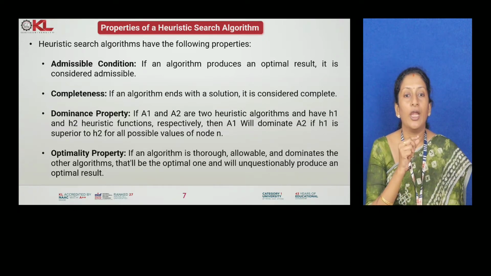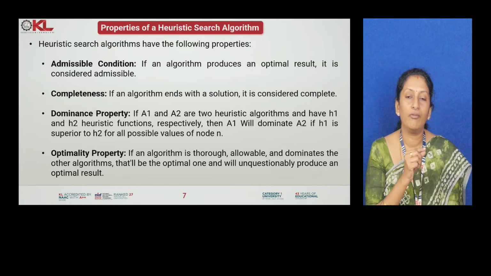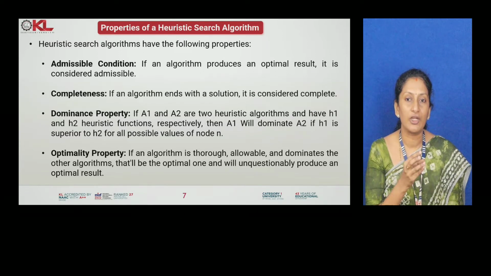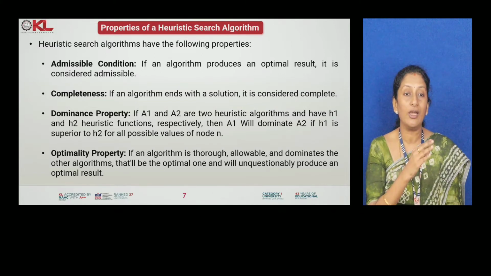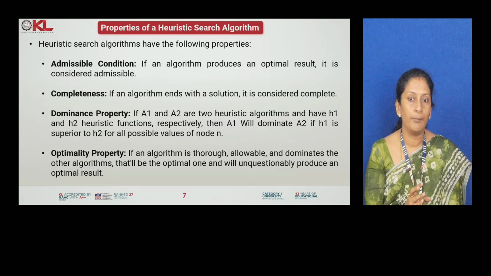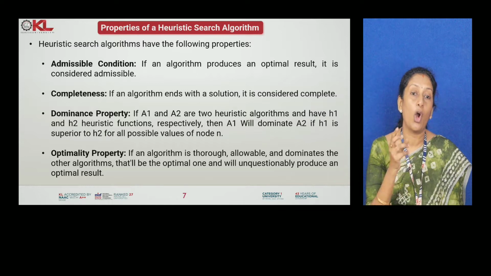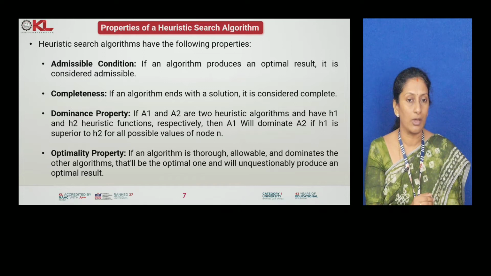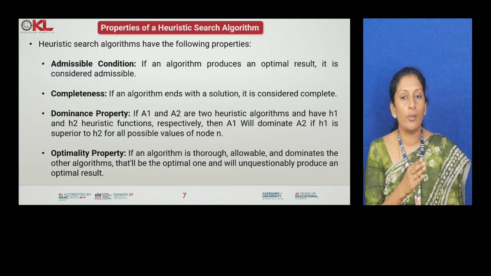A1 will dominate A2 if the heuristic function h1 of A1 is dominant or superior to the h2 of another algorithm A2, and it should hold for all the nodes, that means all the states of the problem. Then A1 is going to dominate A2.